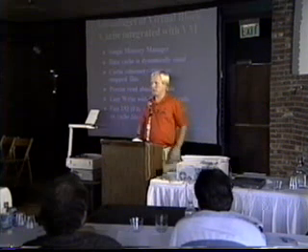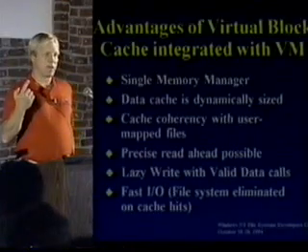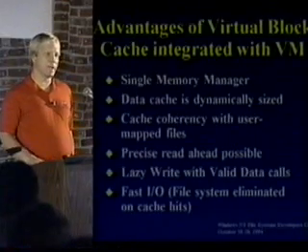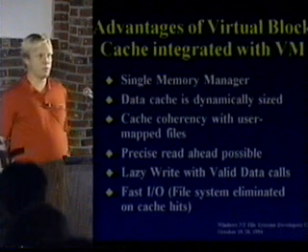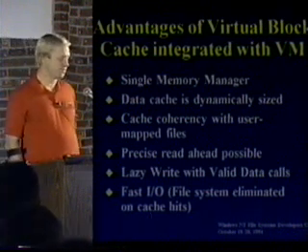So it gives you an idea of how dynamic this is. And it's all managed by one single central component, and that's memory management. And Lou will talk to you about the Memory Manager tomorrow.